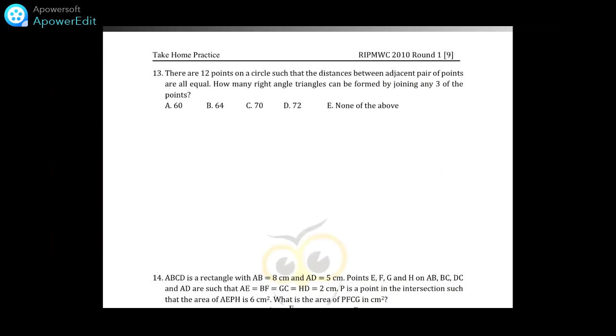Now, question 13. So 12 points on a circle, and distance between the adjacent pair of points are all equal. How many right angle triangles can be formed?